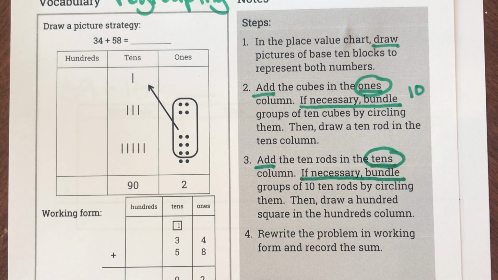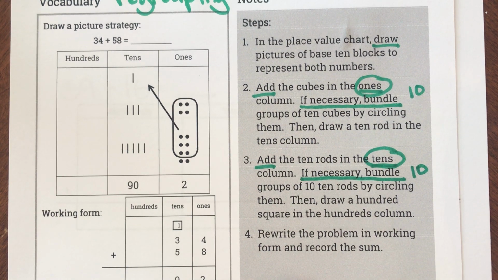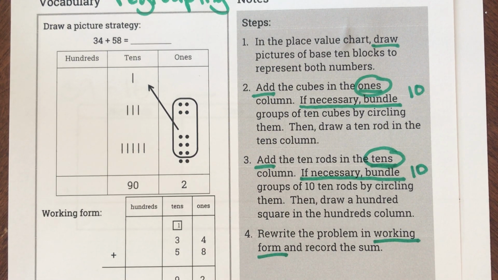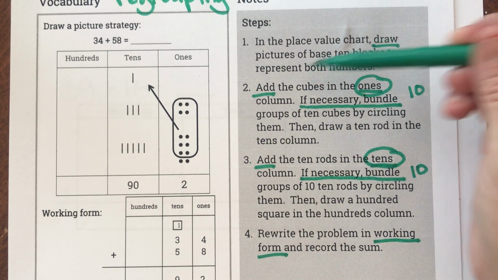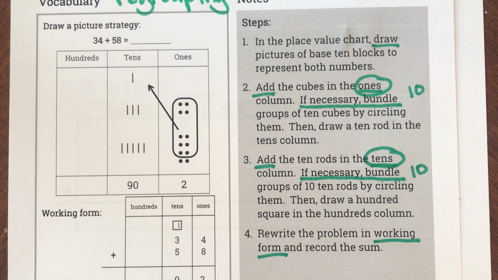We only bundle if we have to, and that means there's 10 of them to bundle. Our very last step says we're going to rewrite the problem in working form and record the sum. So we're going to do working form last. Okay, so what are our steps? Draw, add ones, add tens, and then working form.